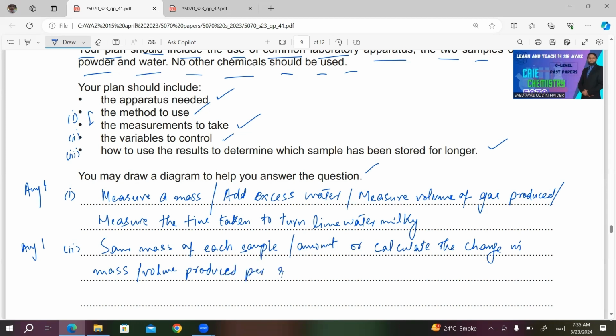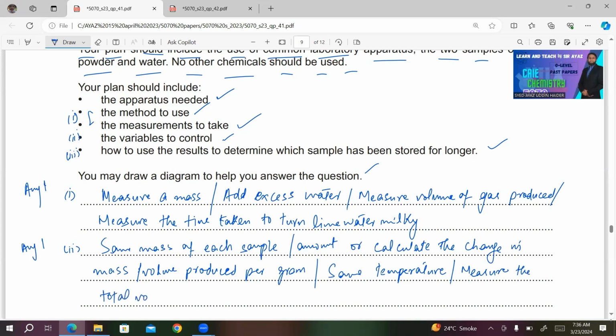Here it will be gram because the samples are in the solid state. Or you can have same temperature. This will be carried out at same temperature. There won't be any variation in the temperature. Then you can even measure the total volume of gas produced.